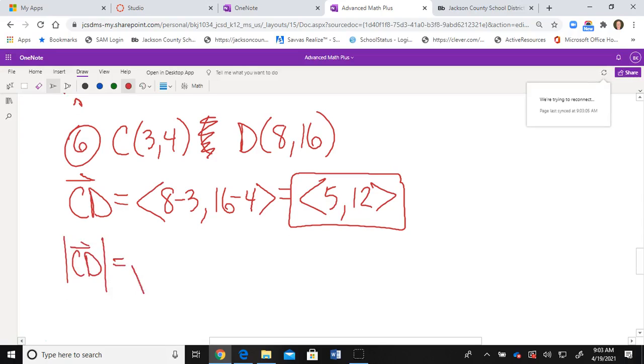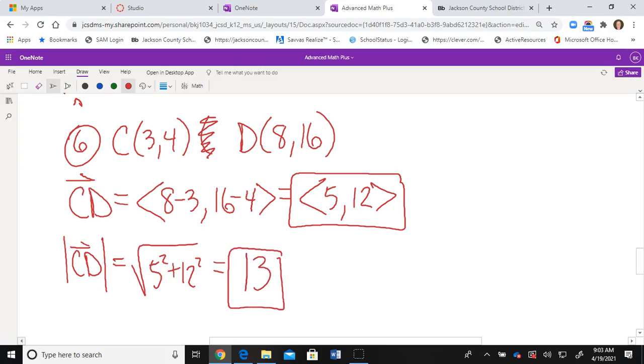We just have to find the magnitude. That's going to be 5 squared plus 12 squared, the square root of that, which is 13. Exactly. Okay? Everybody good on 6? All right.